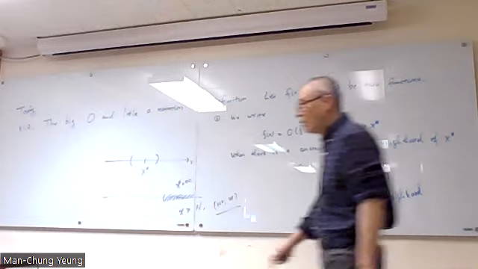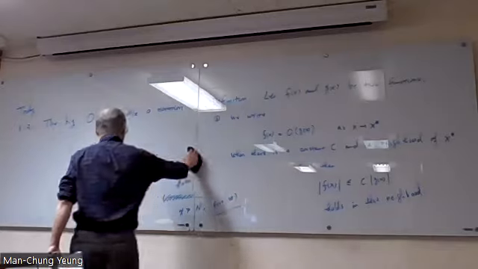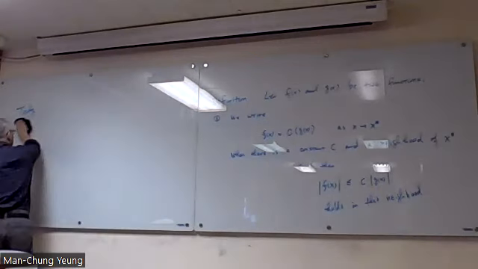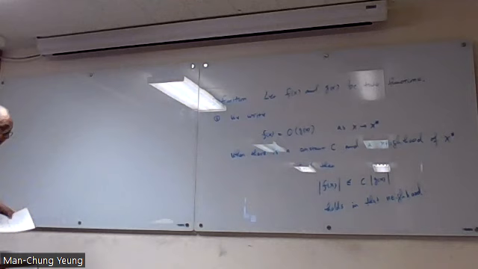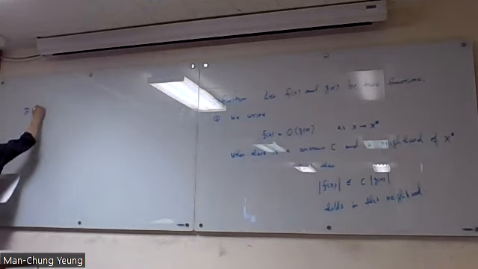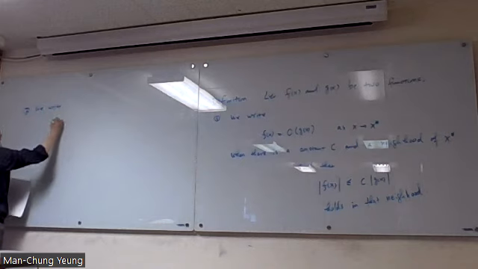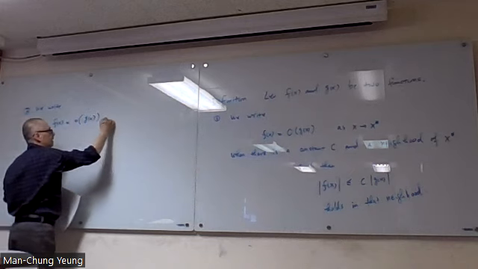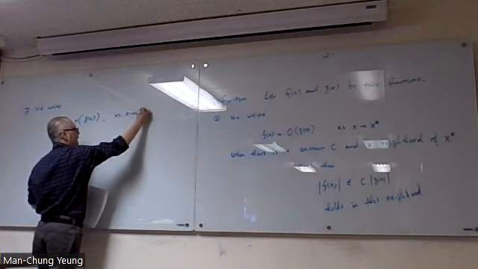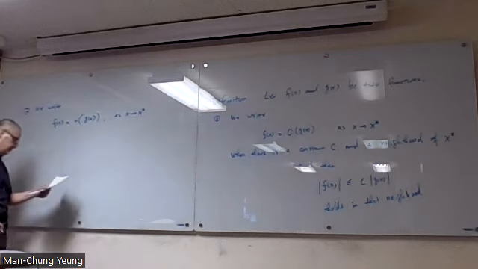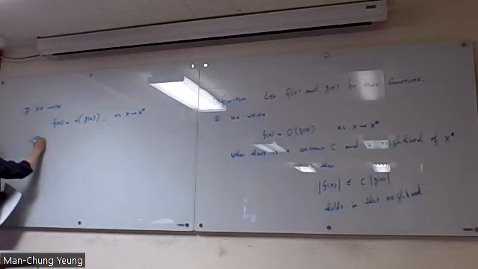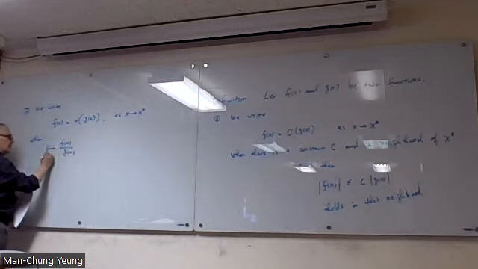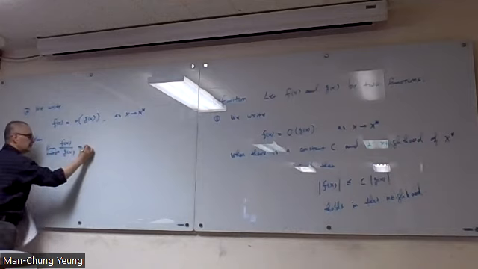Then what is little o? We write f of x is little o of g of x as x approaches x star when the limit of f over g as x approaches x star is 0.